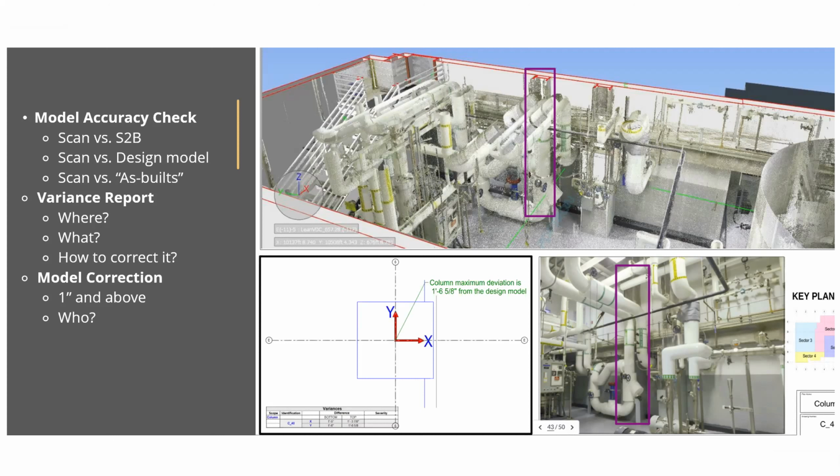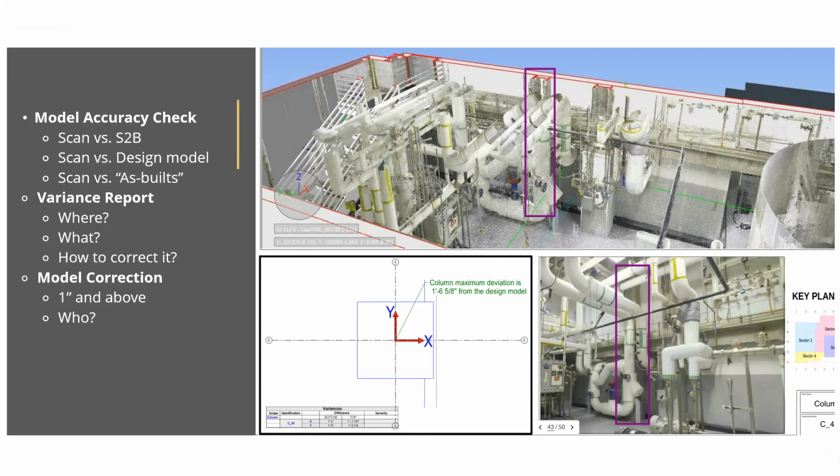Generally speaking, if the difference is 1 inch and above, we would raise the concern and ask for correction of the models. But the fact is, we usually see columns that are off 4 inches to 8 inches, and beams are not set to the right elevation. In these situations, we know if we don't get this model corrected, it would impact the coordination and installation down the road.